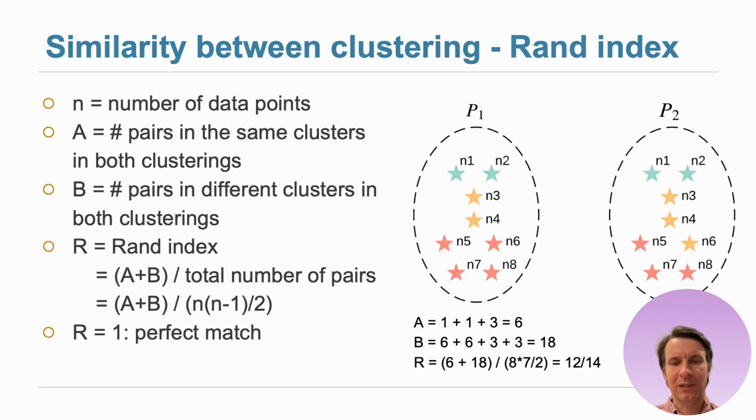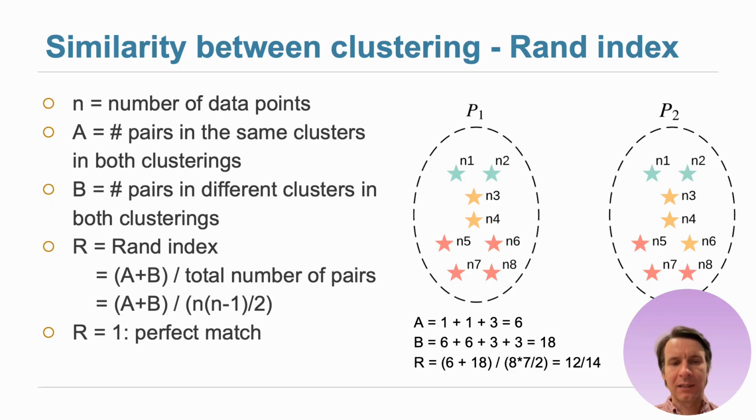For example, if I look at N6 and N8 in P1, they are in the same cluster, but in P2, N6 and N8 are in different clusters, so I will not add +1 to A. So A says how many pairs of points are in the same clusters in both clusterings P1 and P2.